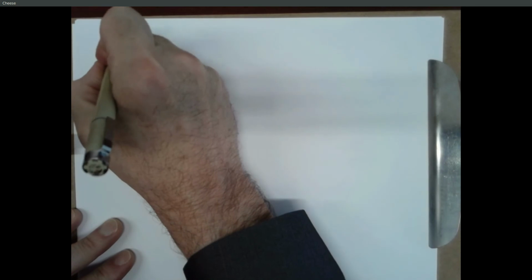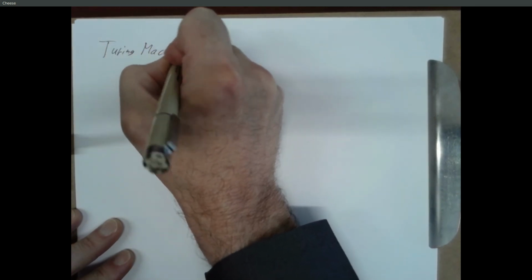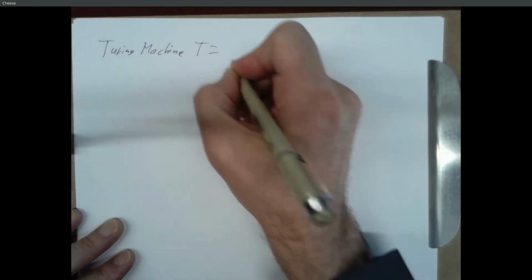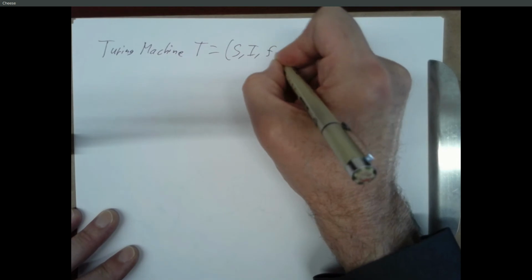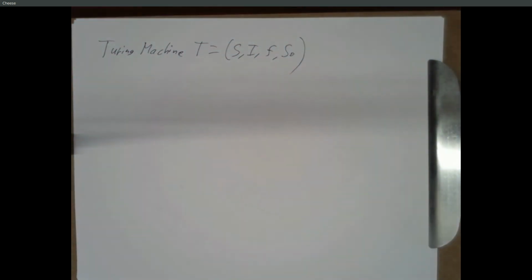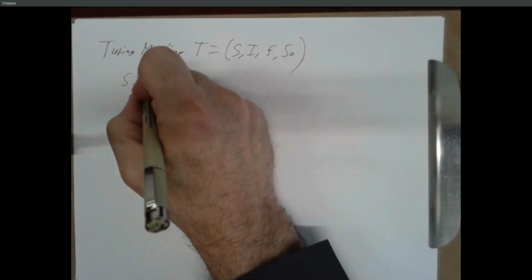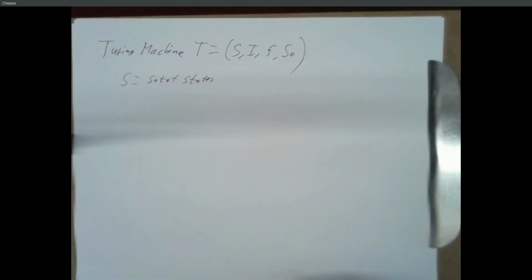So let's look at this. A Turing machine T is a 4-tuple of things S, I, F, and S0. S is a set of states, and this is basically a state machine.